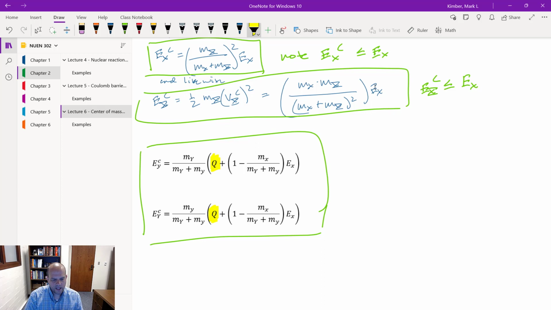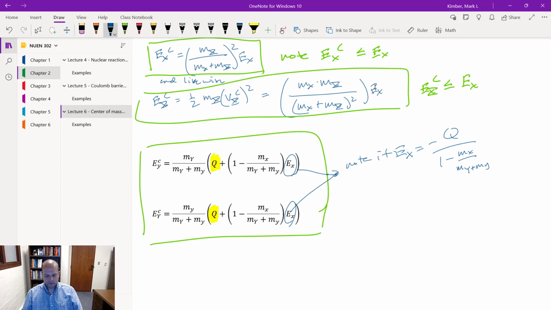But one thing I wanted to highlight here is that if I look at this Ex, in either case here, if I were to allow that Ex to equal the following, then what I would be left with is a 0 inside here.